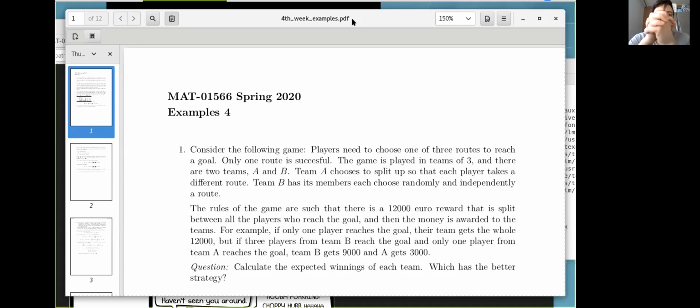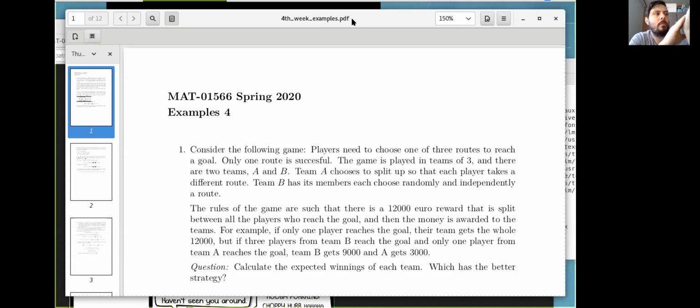That means that the correct route for Team A is chosen by exactly 1 player, and the correct route is chosen by Team B by a random number of players, the randomness here being each player has a 1 in 3 chance of picking the right route. So that means it's got a binomial distribution.